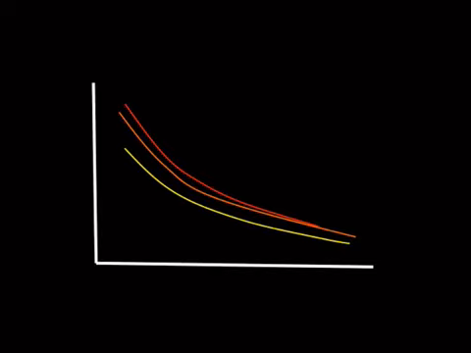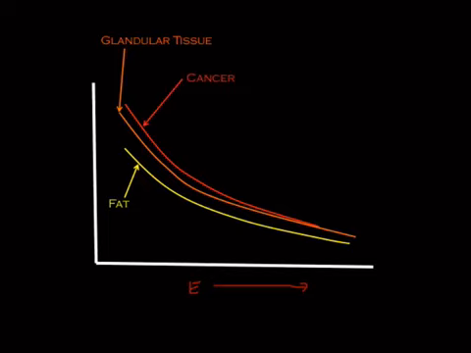So I'll illustrate this here. The bottom axis of this graph is energy, increasing in this direction. Glandular tissue and fat are pretty close together, but a cancer and glandular tissue are even closer together.